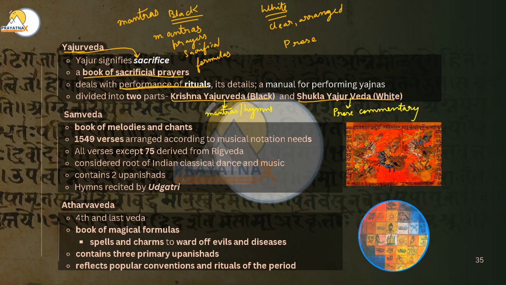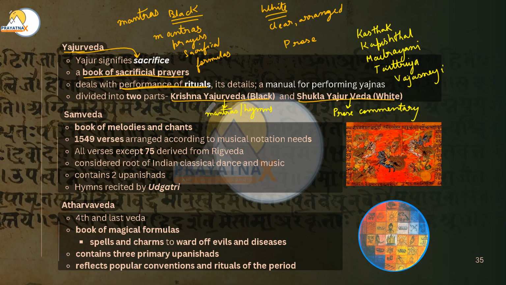Now, if you look at the branches of Yajurveda, it is Kathak, Kapishthala, Maitrayani, Taittiriya, and Vajasaneyi.